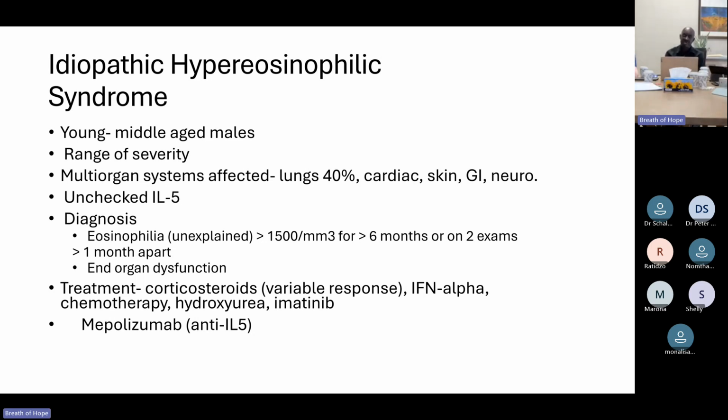For diagnosis, you tend to have eosinophilia which is unexplained, more than 1,500, for 3 to 6 months, or on 2 examinations more than 1 month apart, with end organ dysfunction. Treatment, of course, is corticosteroid with variable response, and this would include trials of interferon alpha, chemotherapy, drugs such as hydroxyurea, or biologicals.